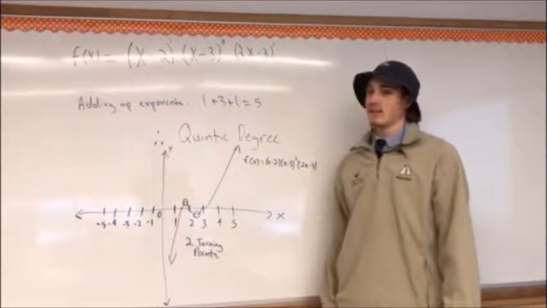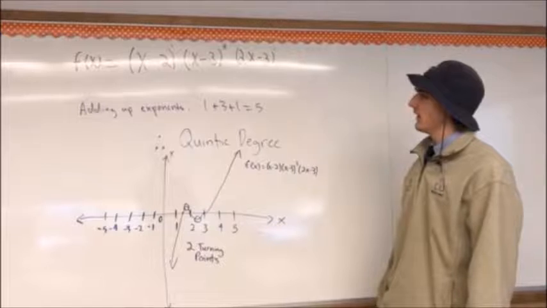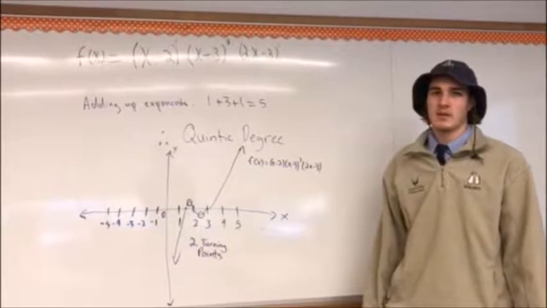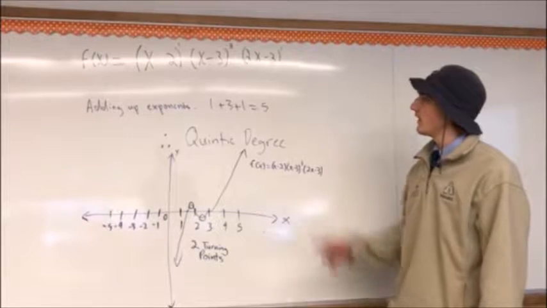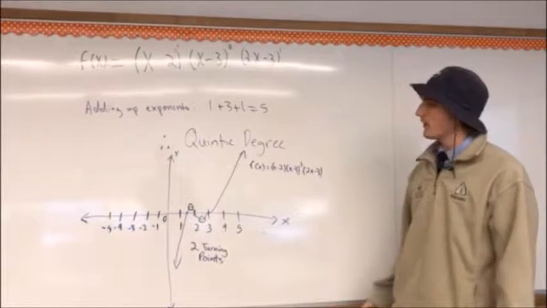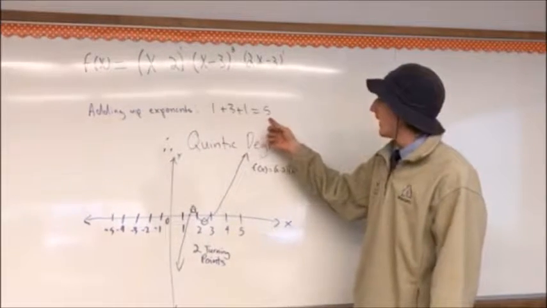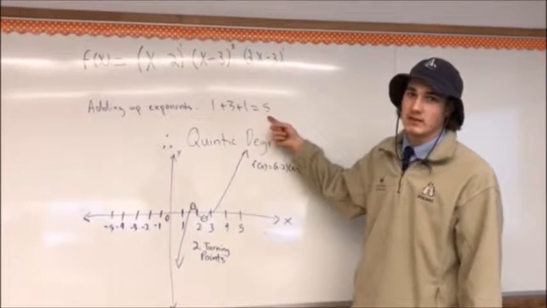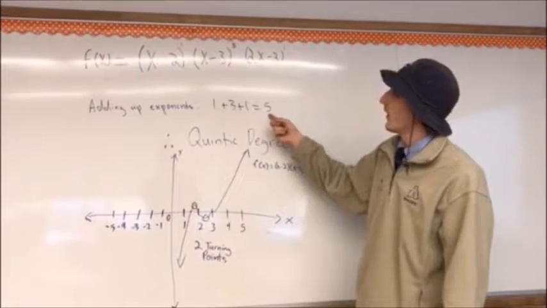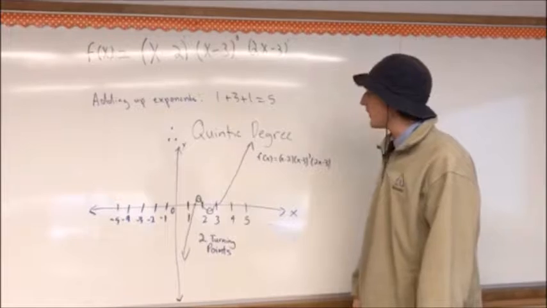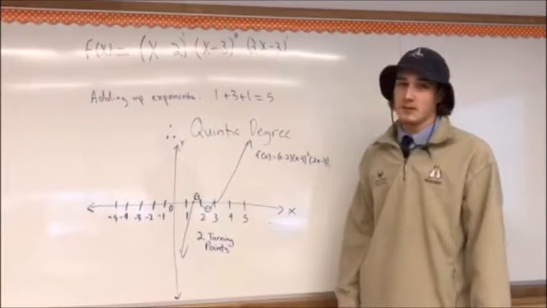For this section of our investigation, we were looking into the degree and the turning points of this quintic function. At first glance, Jordan and I saw all of the different exponents and thought, what could this be? But after adding up these exponents, we came to the conclusion that it was truly the quintic function we were searching for in this hot desert. Next we investigated the turning points.